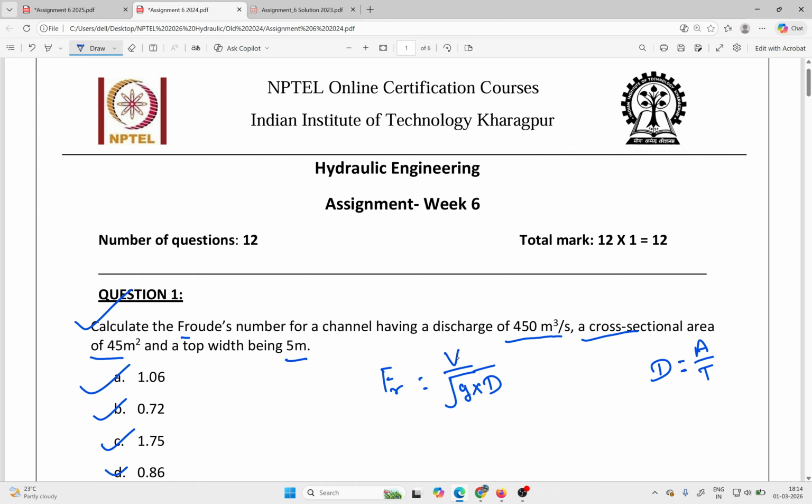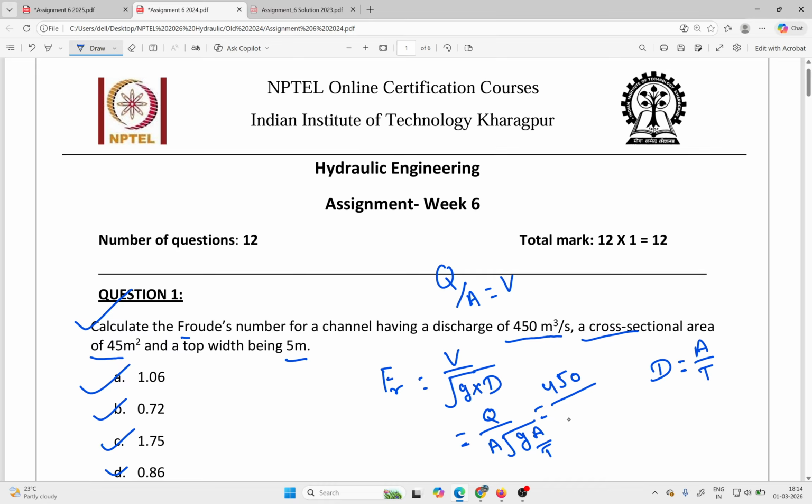Velocity you can write in terms of discharge, so discharge by area is equal to V. So here you can write discharge by area into root of g A by T. Now you need to put only the data.